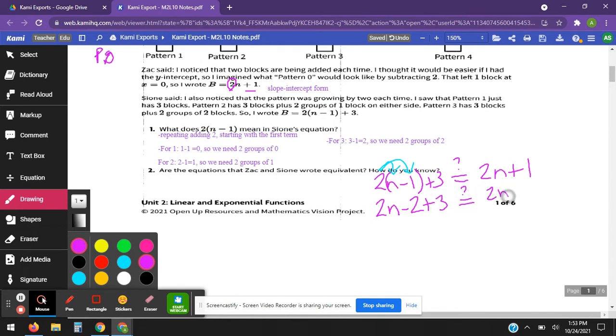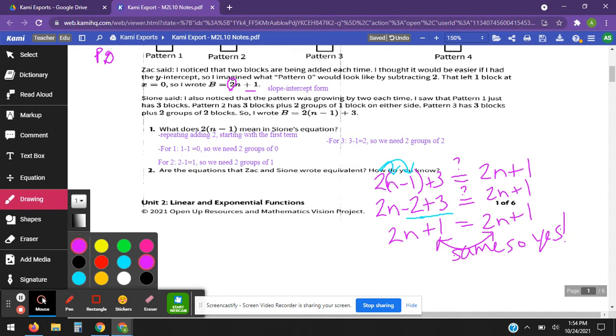Does that equal 2n plus 1? Now I can combine negative 2 plus 3, which is a positive 1. Does that equal 2n plus 1? Same. So yes, they are the same thing. It's just a rearrangement of that equation.